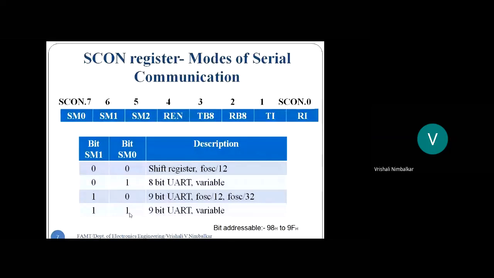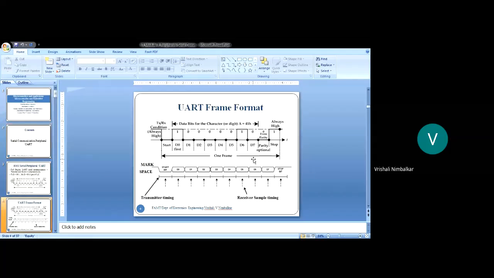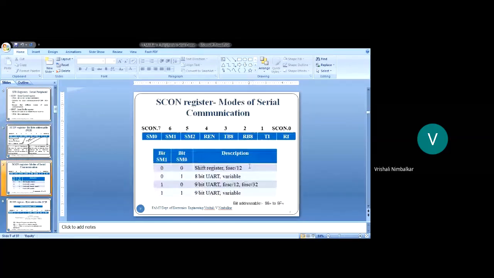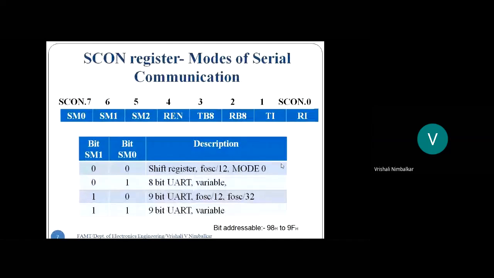So 00 means it is mode 0 serial communication. Let me write that here: mode 0 serial communication. Now what is mode 0 serial communication?